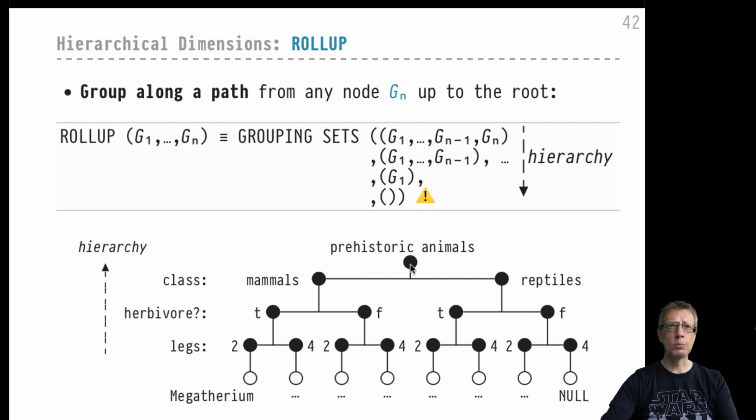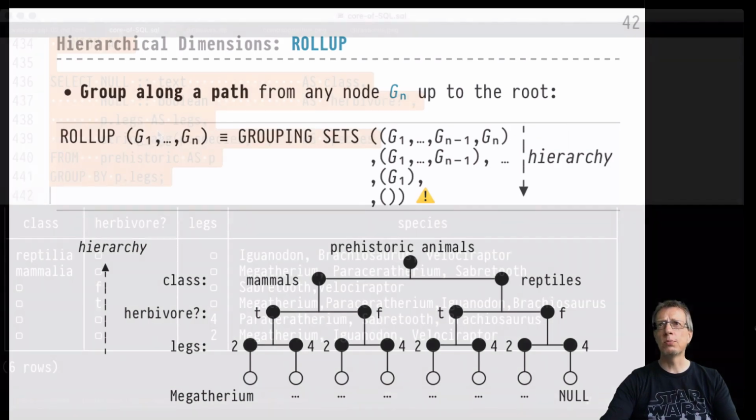And if you're looking at our small data set, our prehistoric table, only a single row remains, a single individual remains here that has been classified along this path through the hierarchy. So this indeed specifies a classification path through the hierarchy with increasing granularity, but we are starting with the ultimate coarse granularity at the root of the hierarchy, where no dimension comes into play and every fact is just thrown into one bucket. So let's see how this goes in practice.